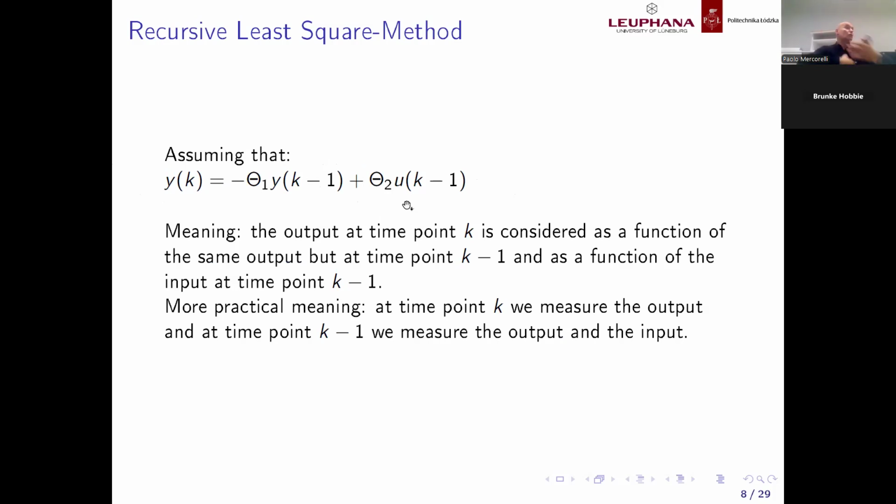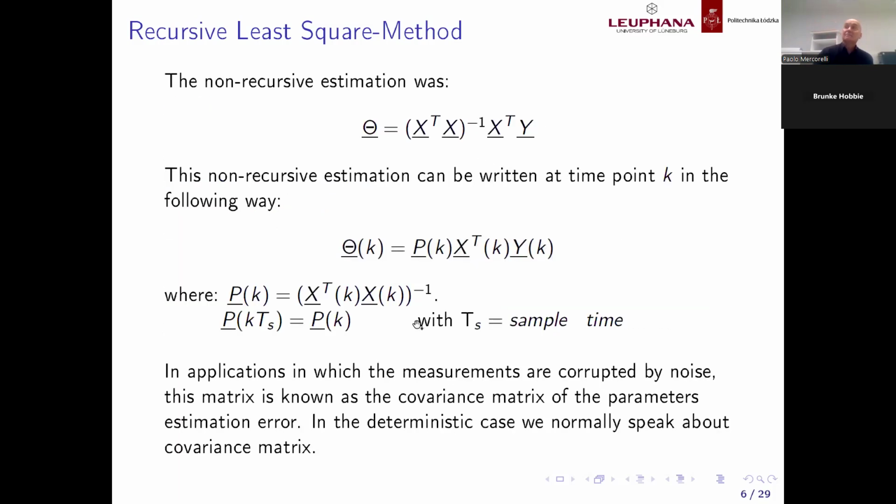This means during the time, during the step, remember here, try to imagine k multiplied by Ts. We can see here, everywhere k multiplied by Ts equals k, right? Because Ts is given, it is fixed.